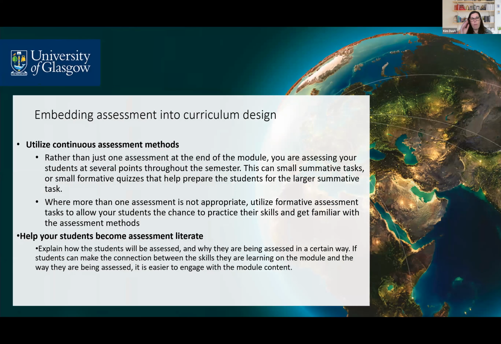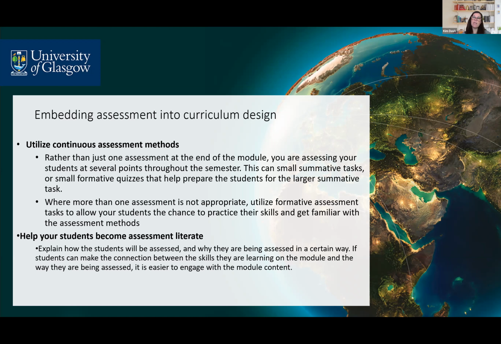So the other thing I want you to start to think about is how to utilize continuous assessment methods. If you're moving away from the more traditional exam, and you're breaking up your assessments into smaller tasks, how and when might you assess the students at different points within a course?